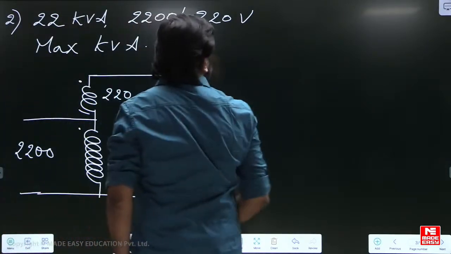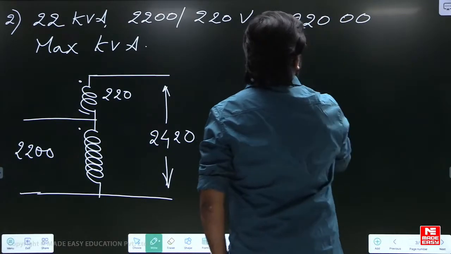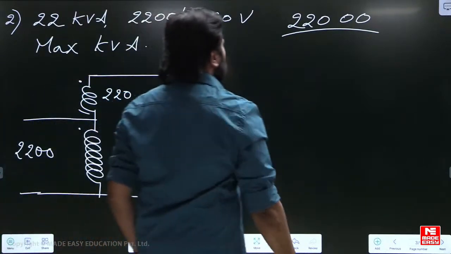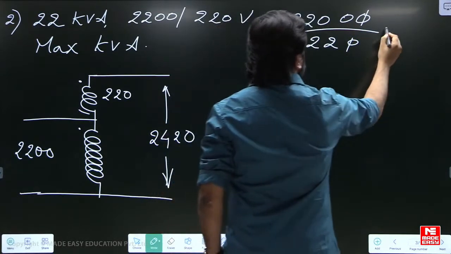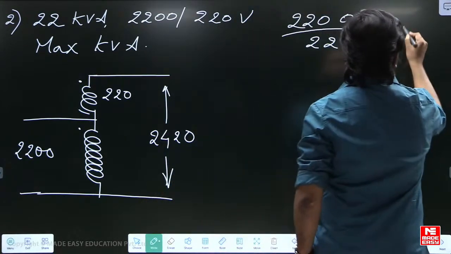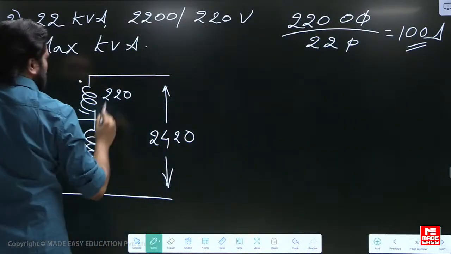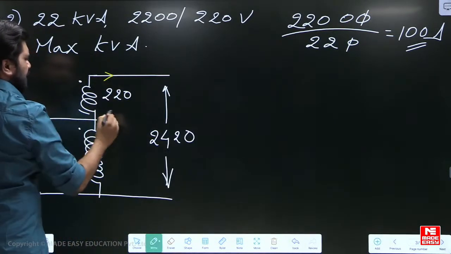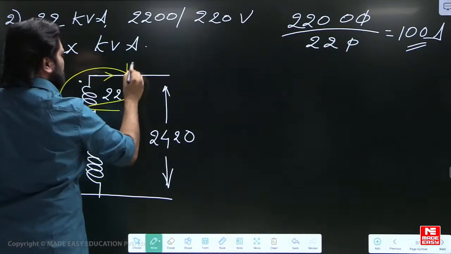You know, here the current rating is 22 kVA by 220. So the current rating of this winding is, capacity is 100 ampere.